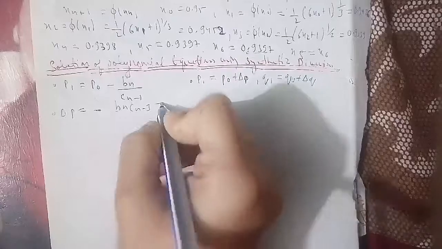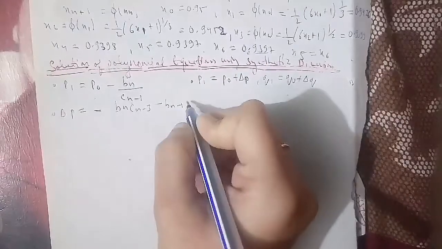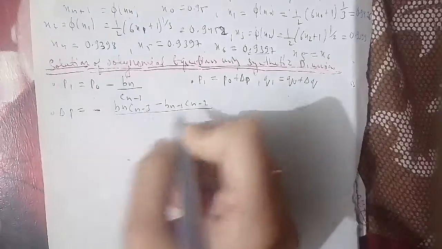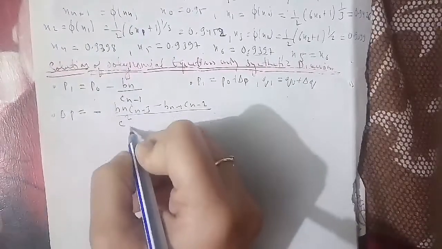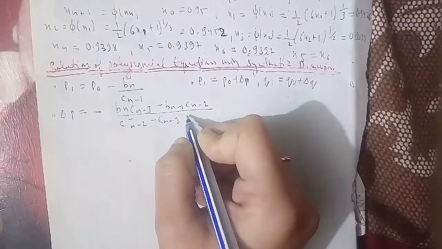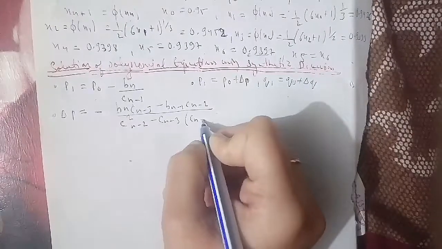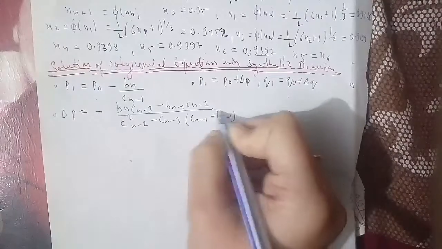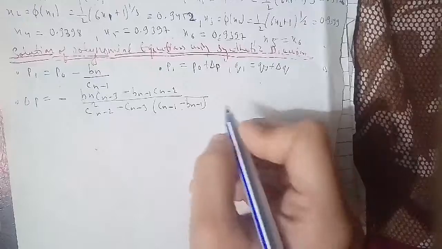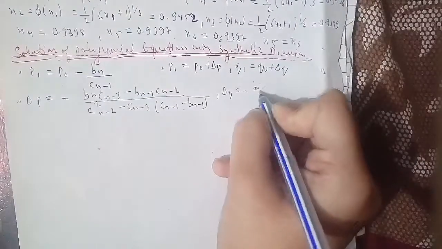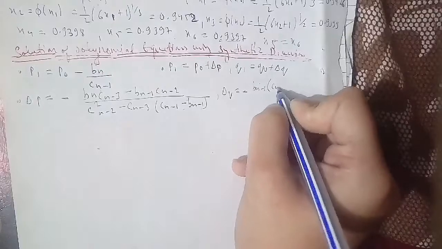And for talking about that delta q equals minus b(n-1) c(n-1) minus b(n-1) minus b(n) c(n-2) whole upon c squared (n-2) minus c(n-3) c(n-1) minus b(n-1).